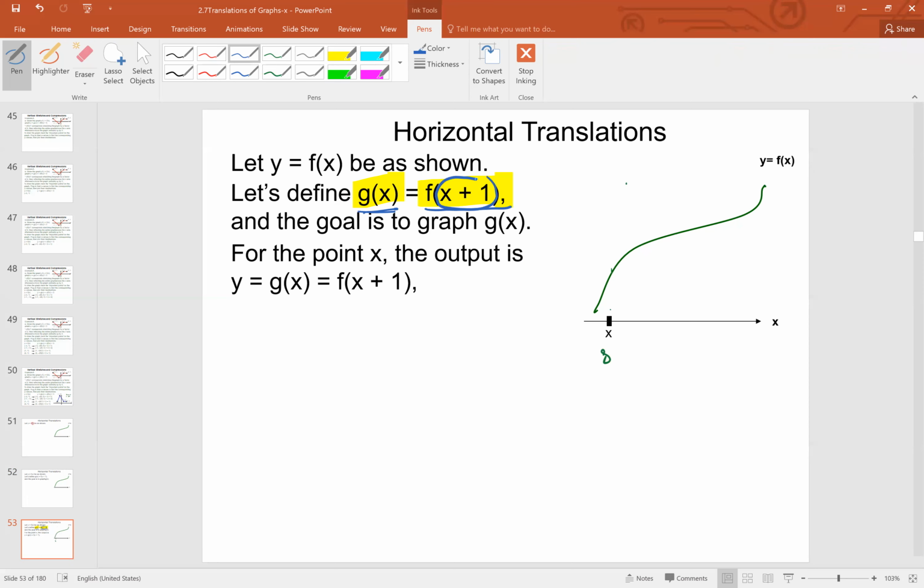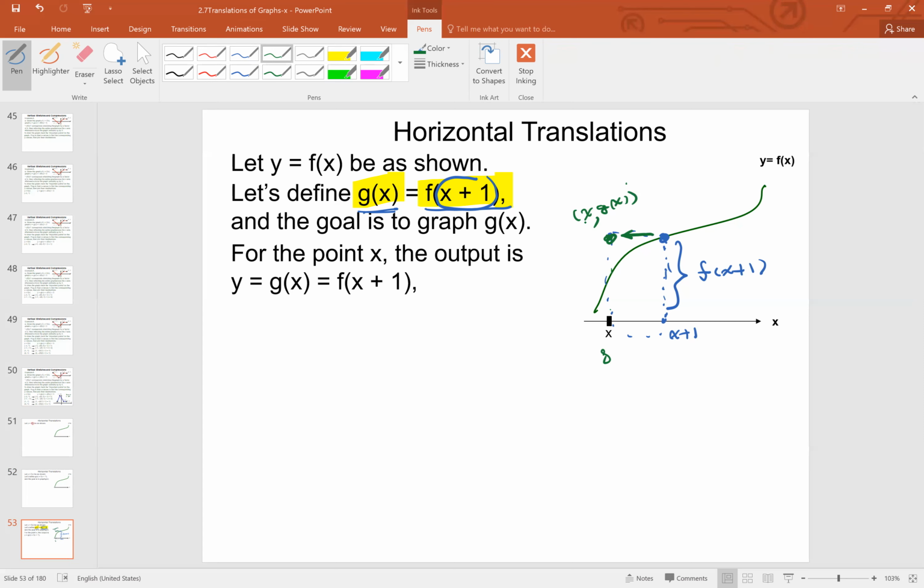In other words, you go from x to x plus 1 first, which is to the right, and you look up and see what f is. That of course is f of x plus 1. You take that measurement and bring it back, and that will be the same as g of x. That point is brought back, and that's your point x, g of x.